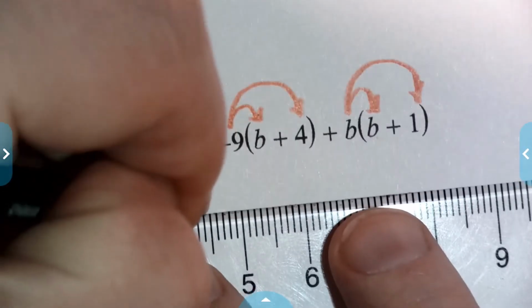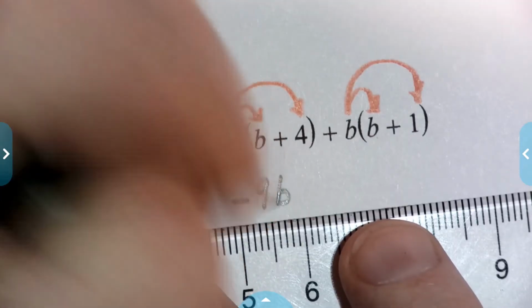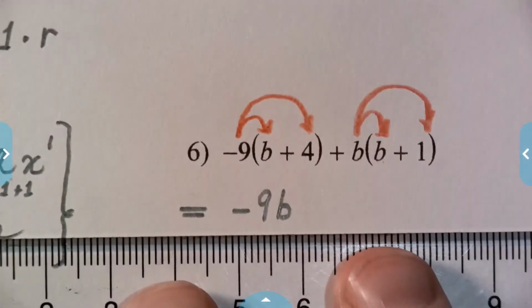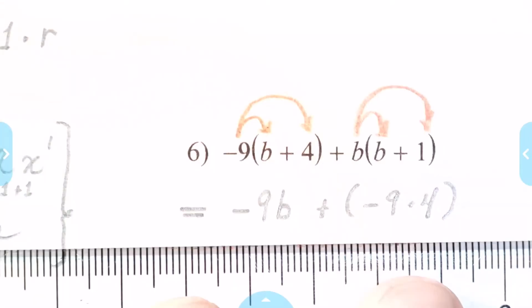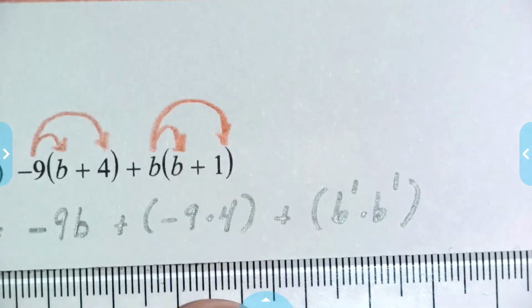So this is equivalent to negative 9b plus negative 9 times 4 plus b to the first times b to the first, plus b times 1.